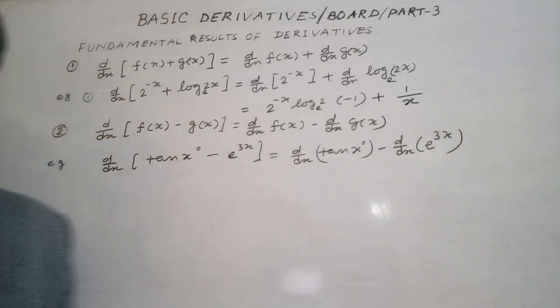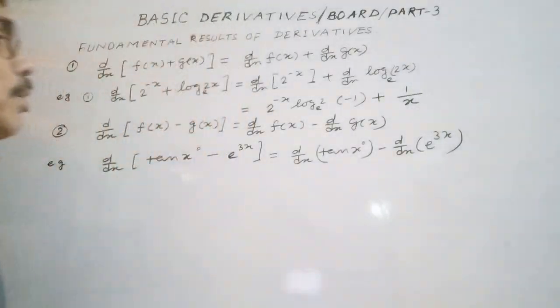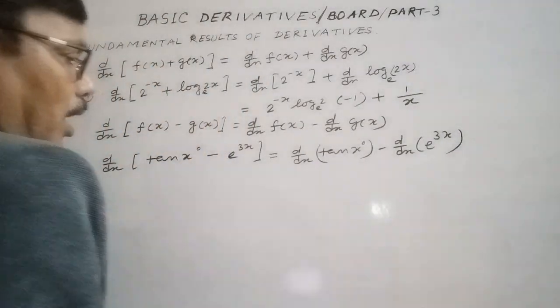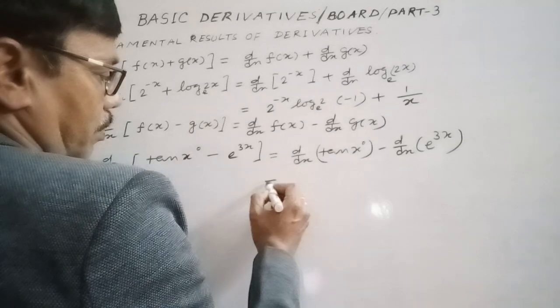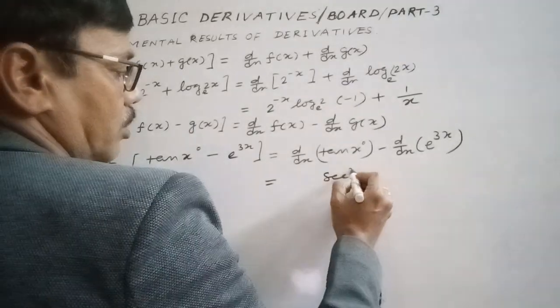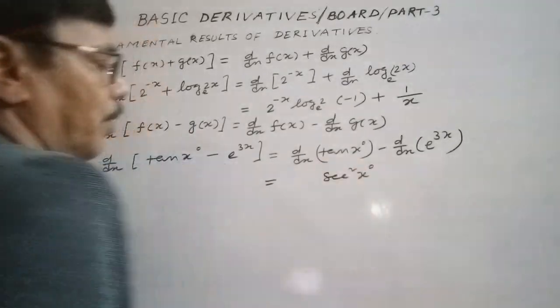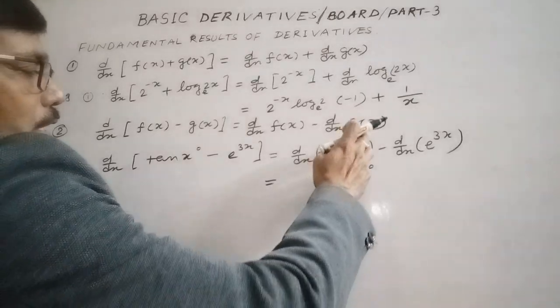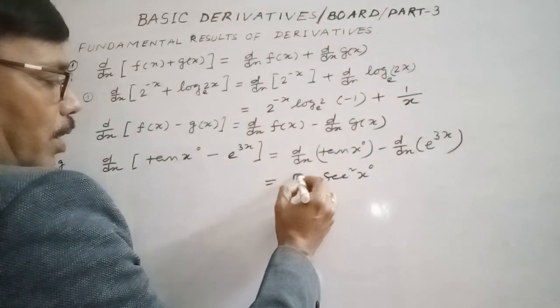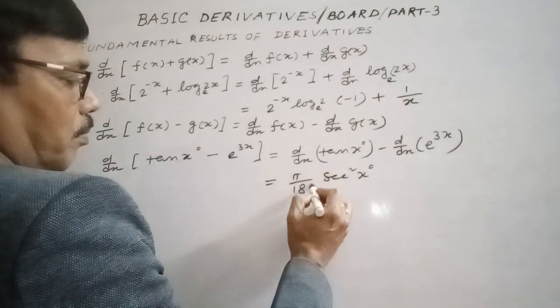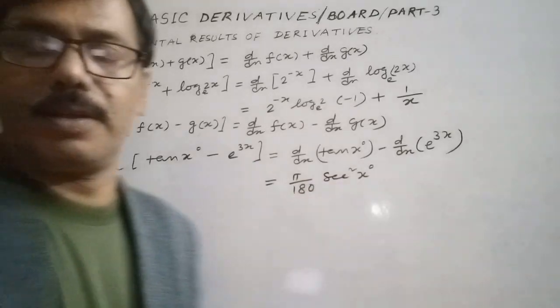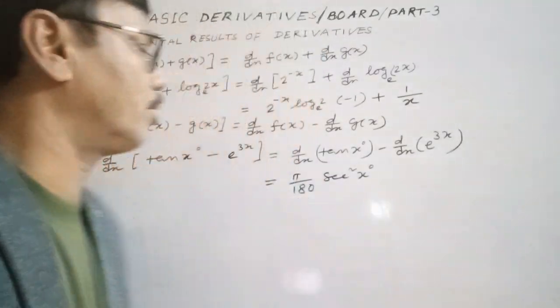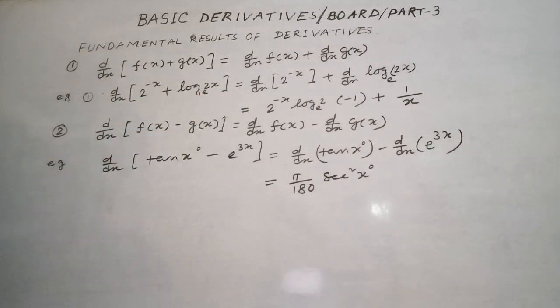Now try to recall the basic formulae. The derivative of tan x degree is sec square x degree. Since it is in terms of degree, you have to multiply it by pi by 180. I have already discussed it in part 2.